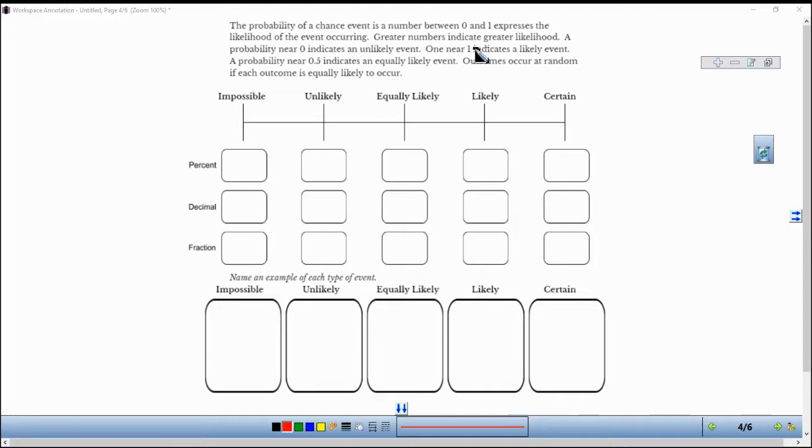A probability near 1 indicates a likely event. So it's more likely to happen the closer that number is to 1. A probability near 5/10 indicates an equally likely event. Outcomes occur at random if each outcome is equally likely to occur.